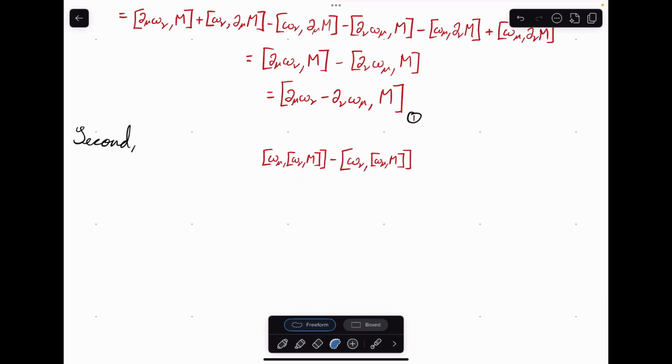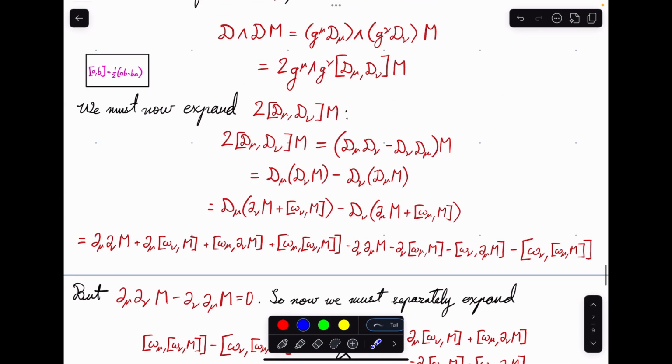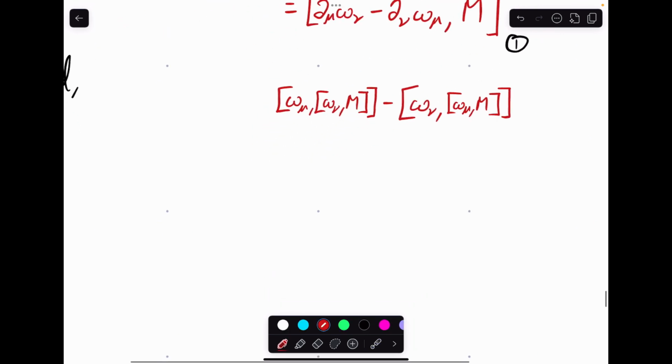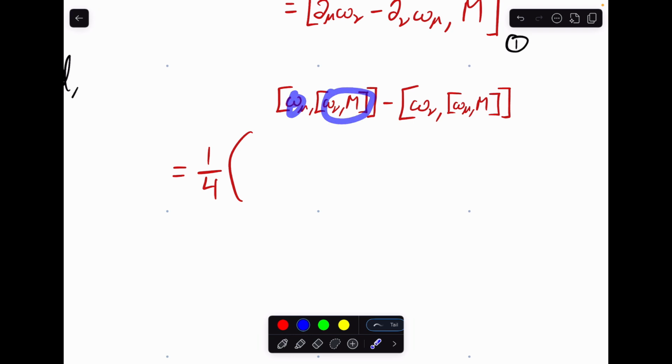This has more steps, but it's pretty straightforward, actually. We're going to directly insert this definition here. So we're going to get a factor of 1 over 2, 1 over 2, so 1 over 4. Why do we have 1 over 4? It's because we have two commutators. So I'm going to apply that definition immediately to take us to this form of 1 over 4. We have this times this entire commutator and this entire commutator.